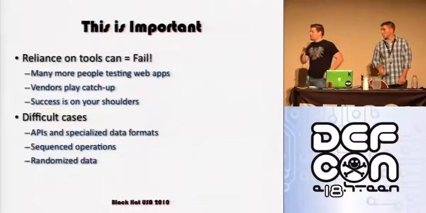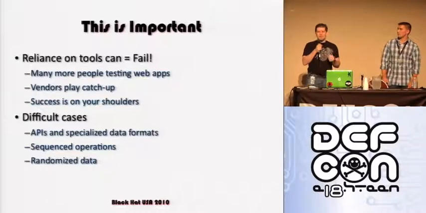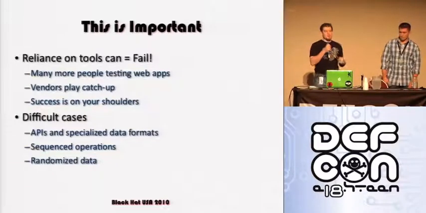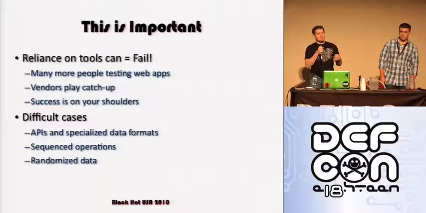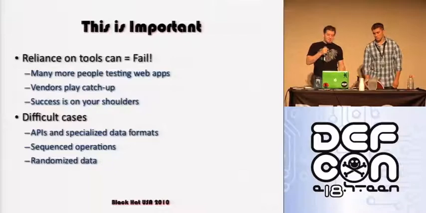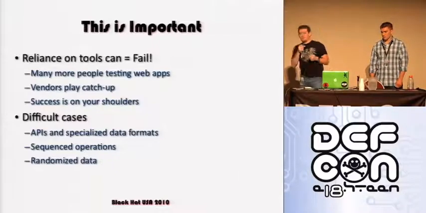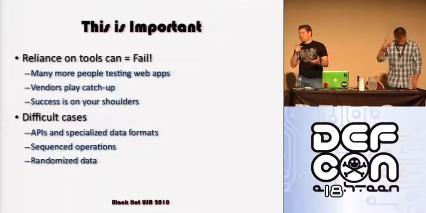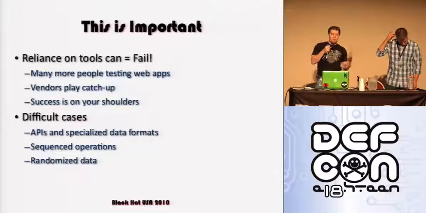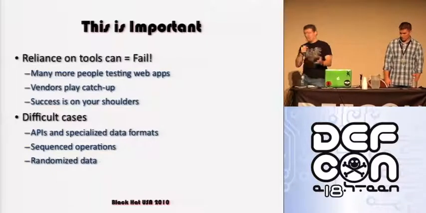The reason we decided to do this talk is because there are a lot of people starting to get into testing web applications, and web applications are becoming more complicated. The first things people usually reach for are their toolkits, maybe AppScan or WebInspect, but they don't really give you the whole picture. A lot of times vendors are playing catch-up.